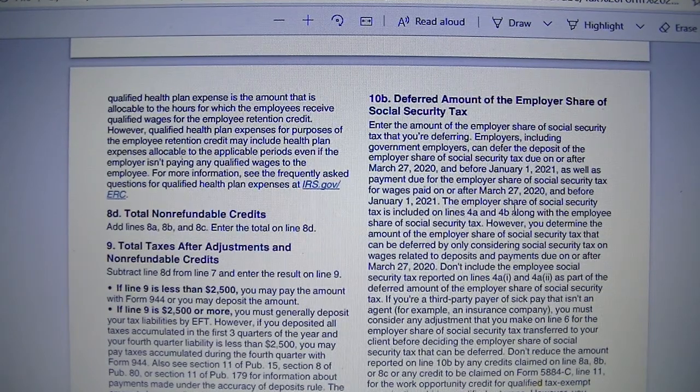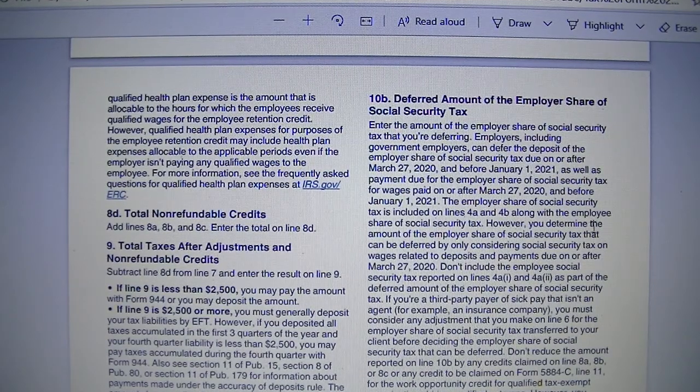The employer's share of Social Security tax is included on lines 4a and 4b. We discussed that in prior videos, along with the employee's share of Social Security tax.